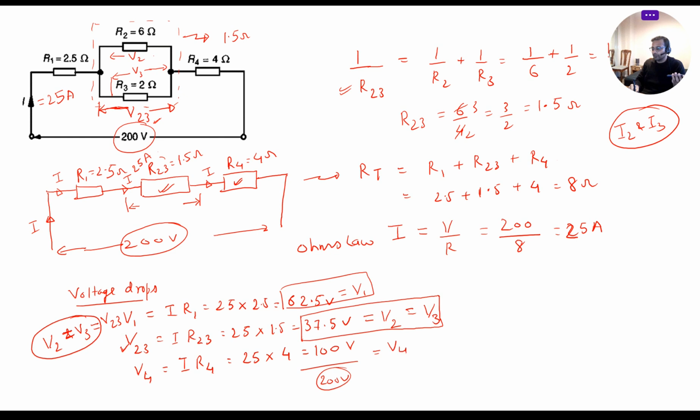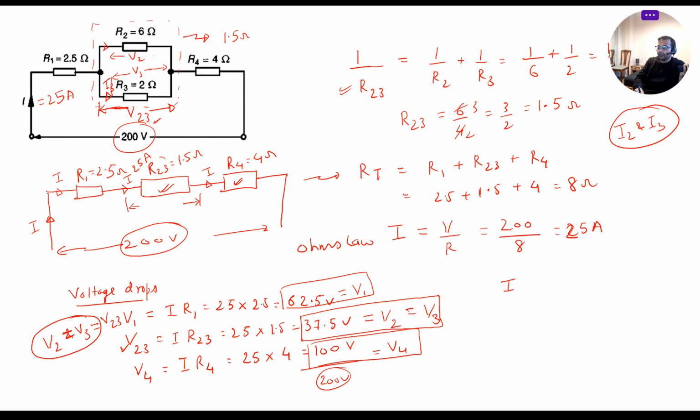This is V4. Now we can calculate the values of I3 and I2 using Ohm's law. We know the voltage, we know the resistance, so we can calculate the value of current.